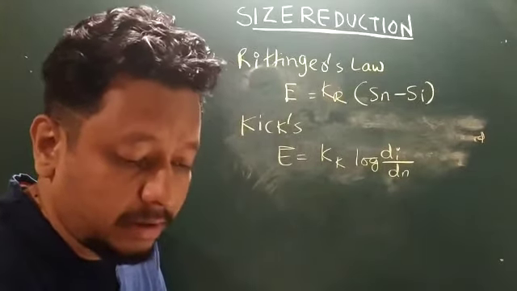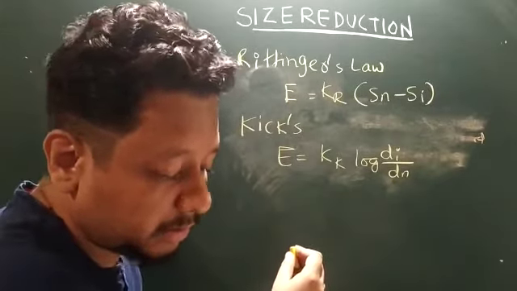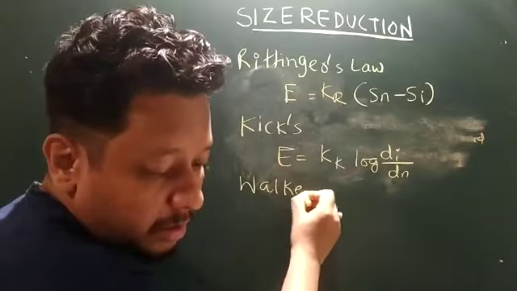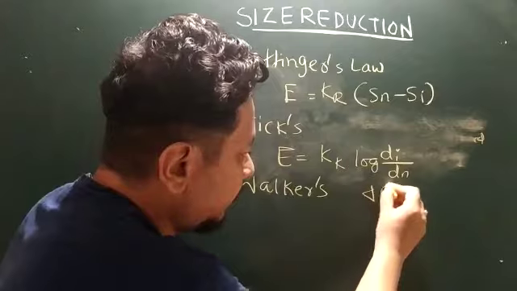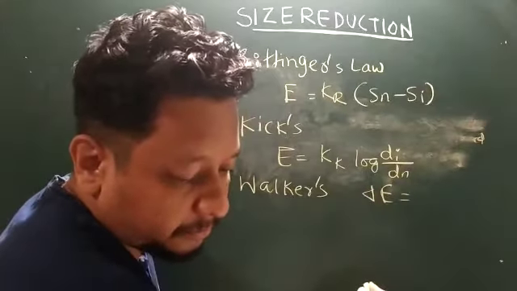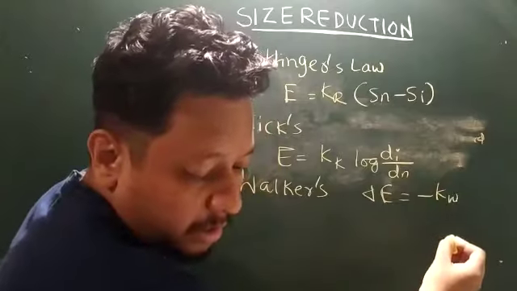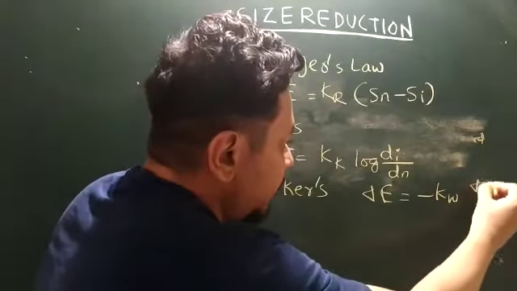Then you have a third principle, that is Walker's theory. It says that the energy differences are nothing but minus kW into delta D upon delta dn.